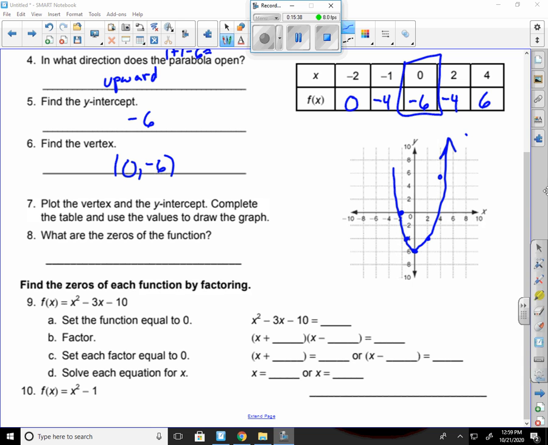Find the zeros of each function by factoring. So first I set this equal to 0. And we're just doing the same thing we've been doing. What multiplies to give me negative 10 and adds to give me negative 3? That's going to be plus 2 and minus 5.